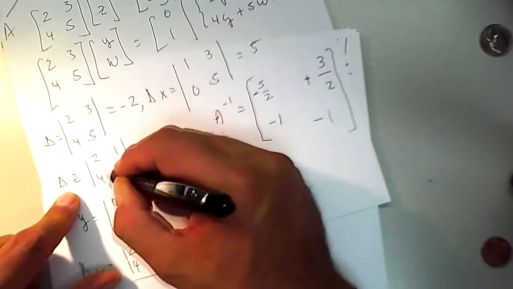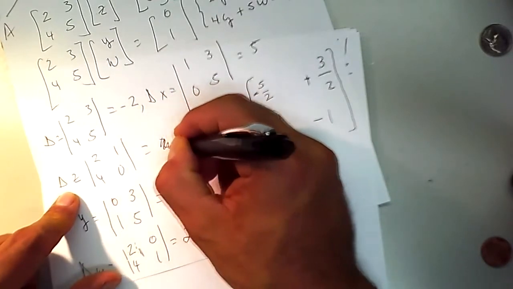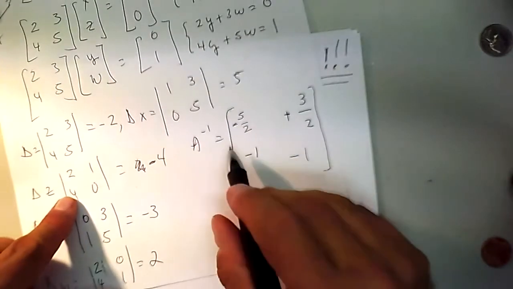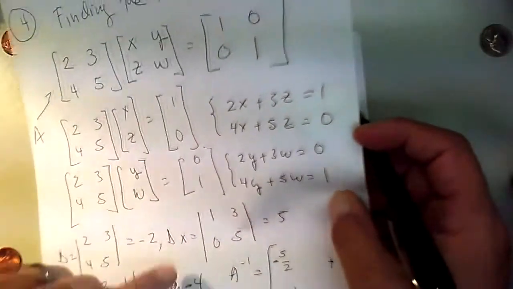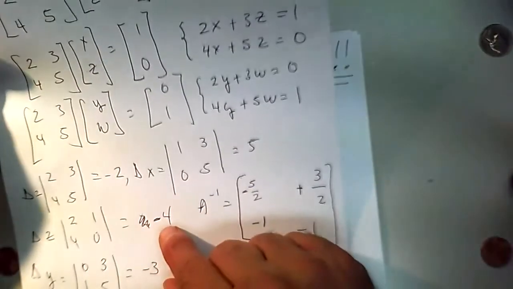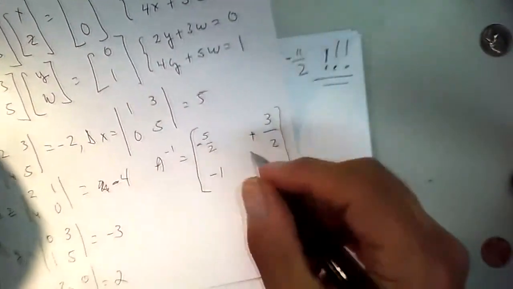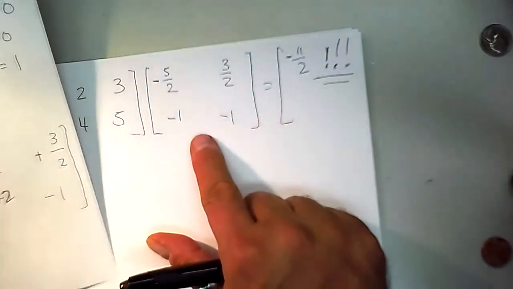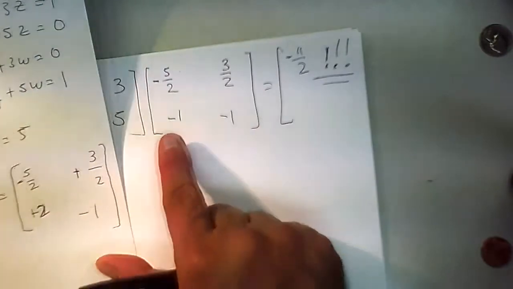So 0 minus 4 is negative 4. So z is this corner number. So we got negative 4 over negative 2, which is positive 2. Okay, so we knew this was wrong. If we just replace that with a 2, that will fix the issue.